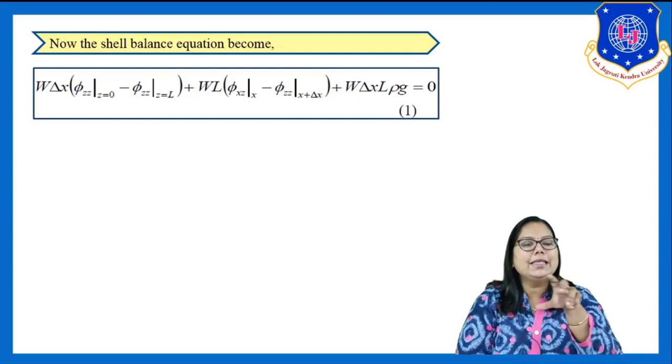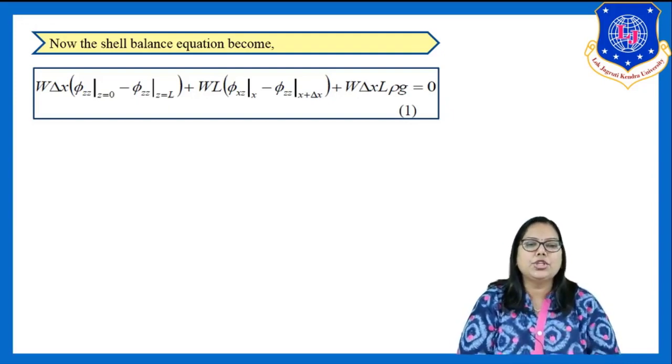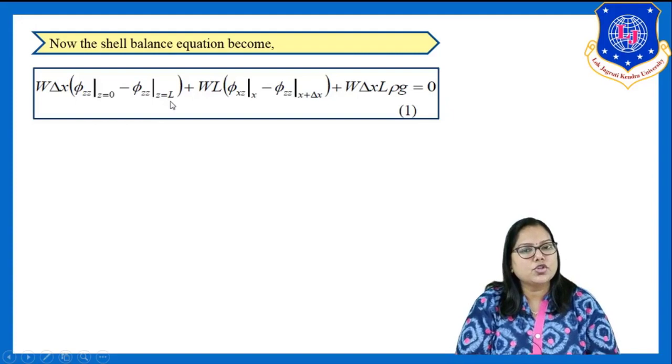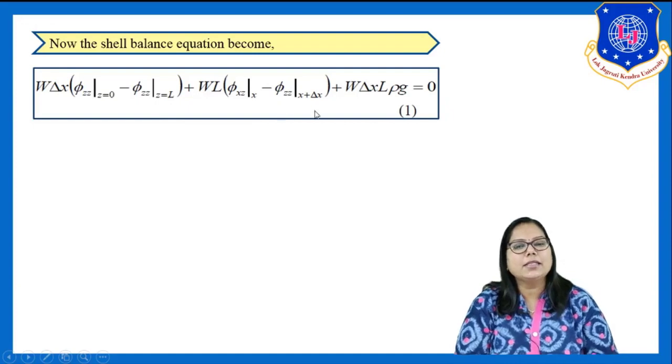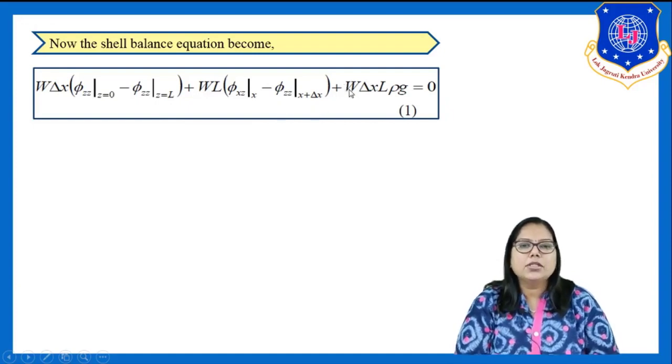So combining these in the shell balance equation, the form of the equation will be W delta x phi zz at z equals 0 minus phi zz at z equals L plus WL into bracket phi xz at x equals 0 minus phi xz at x equals x plus delta x, plus W delta x L rho g cos beta is equal to 0. This is my equation number 1.